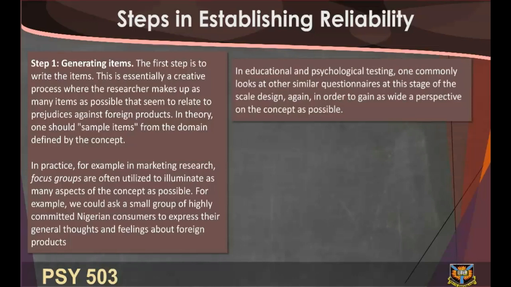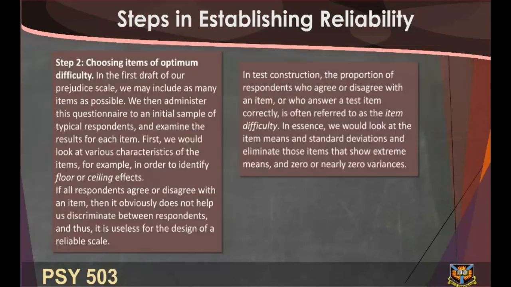For example, we could ask a small group of highly committed Nigerian consumers to express their general thoughts and feelings about foreign products. In educational and psychological testing, one commonly looks at other similar questionnaires at this stage of the scale design, again, in order to gain as wide a perspective on the concept as possible.